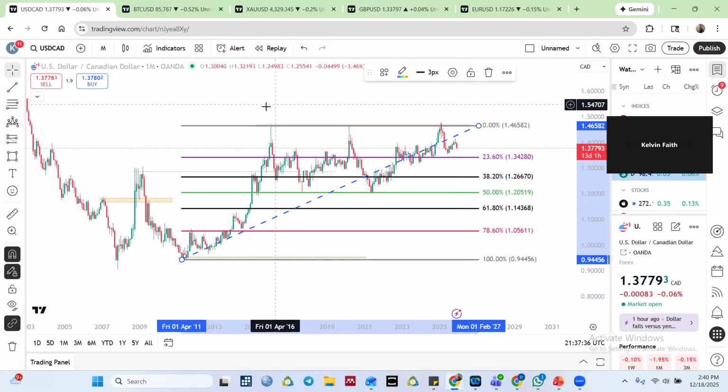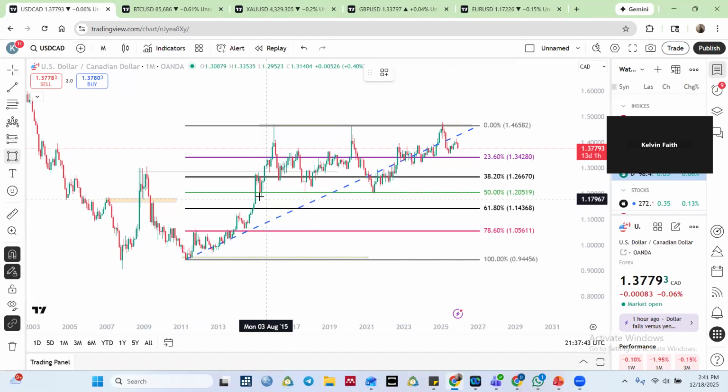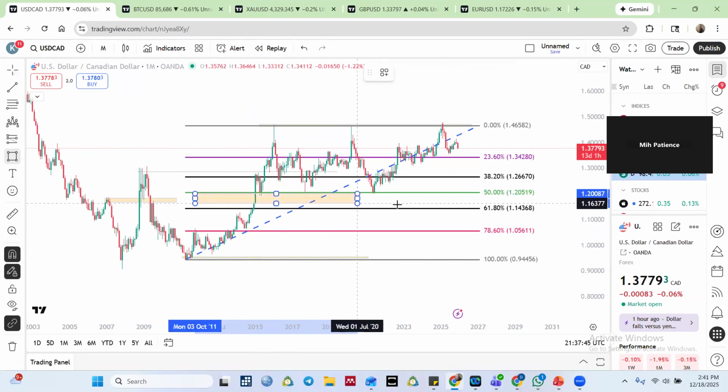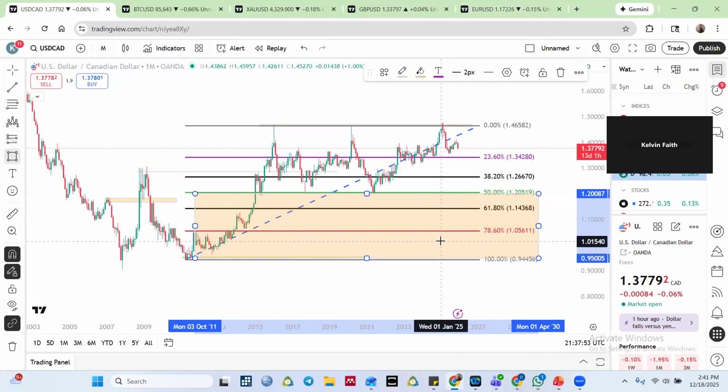Now, when you have something like this, you might want to wait for price to drop to where? Discount. Anything below 50%, then you can buy. But sometimes this will take a long time before it happens.